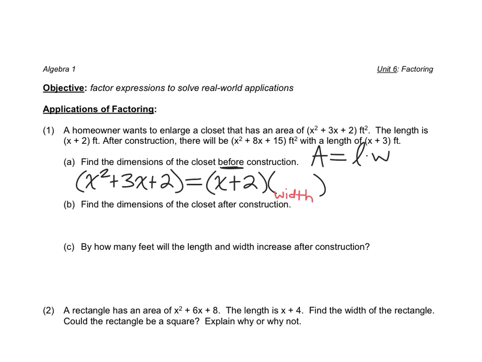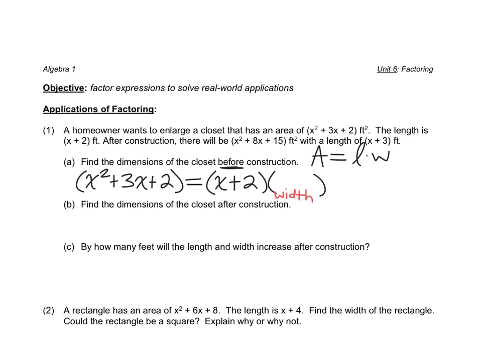All right. When they ask it like this, it seems like it would be harder to do, but it's actually easier because they're telling us what the product is, and then they're telling us what one of the factors is. They're not just flat out asking us to factor the polynomial. So all I need to do is figure out what I'd have to multiply this by in order to get this.